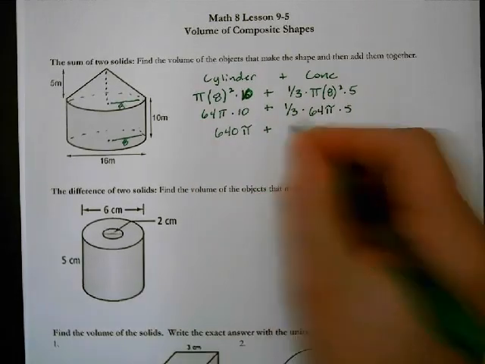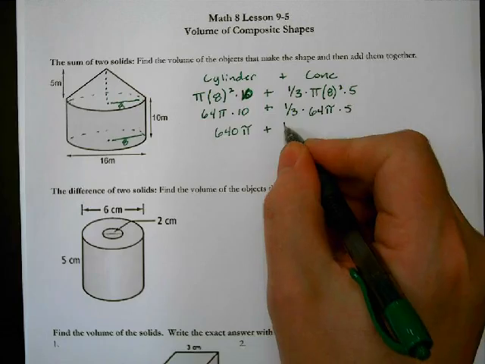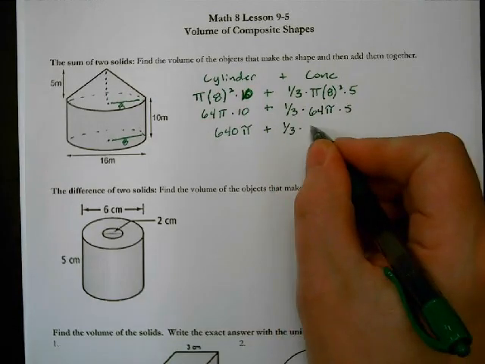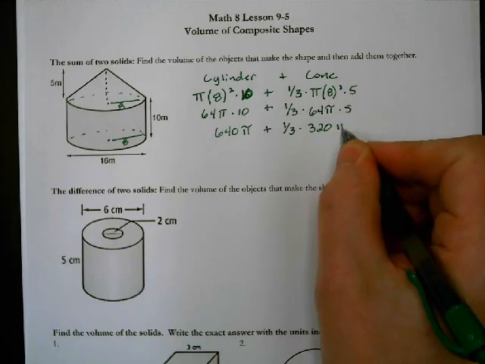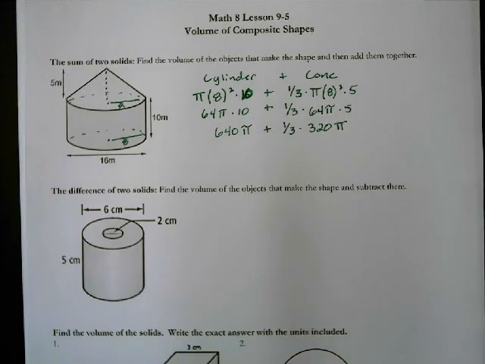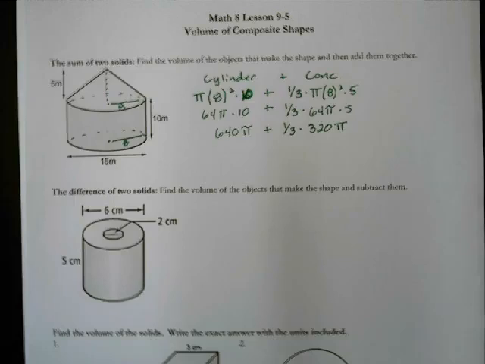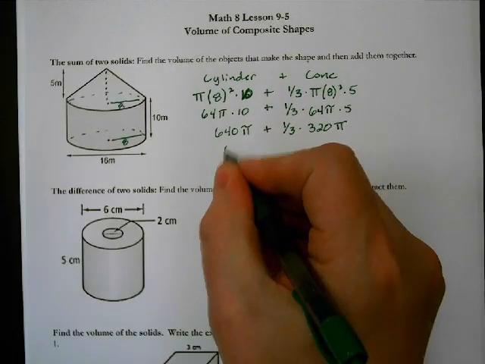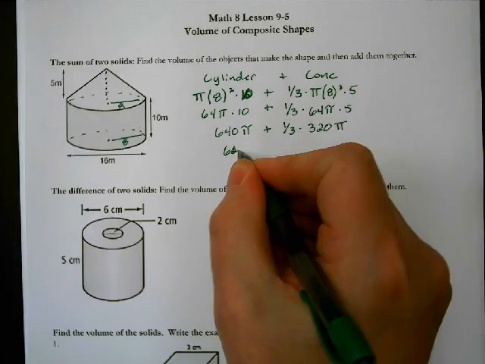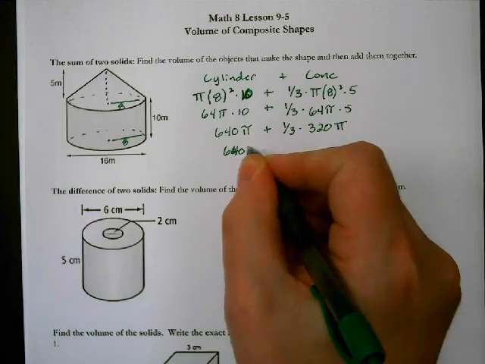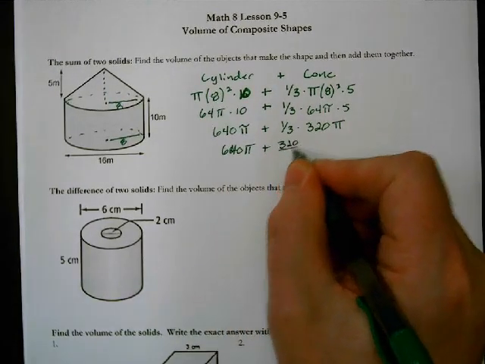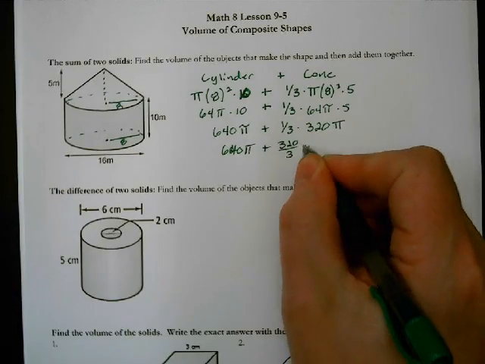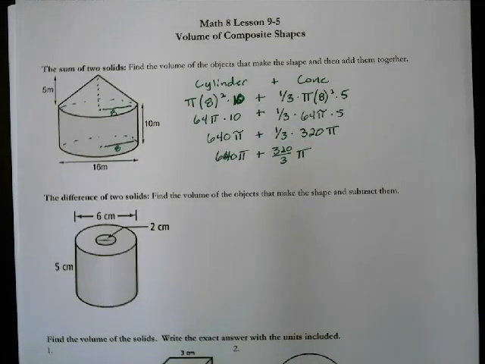So I've got plus 1/3 of 320. Sadly, 3 does not go into 320, so here's what I've got: 640 plus 320 over 3 pi. That's what I'm going to put in my calculator, and that's going to give me my final answer.